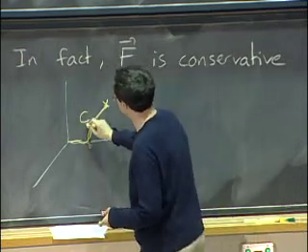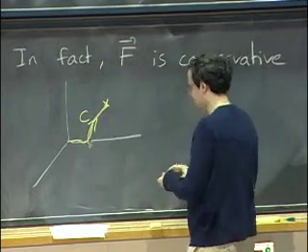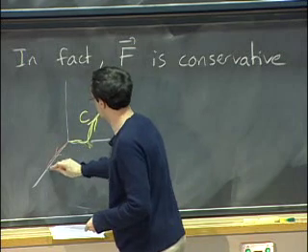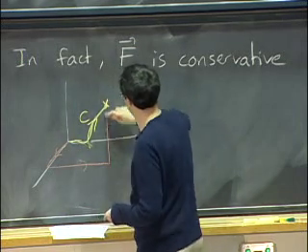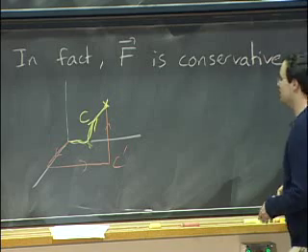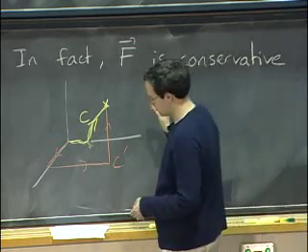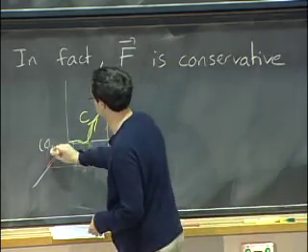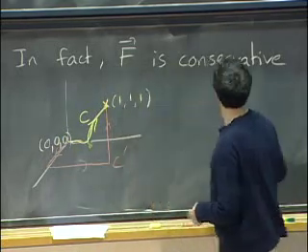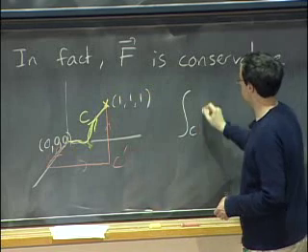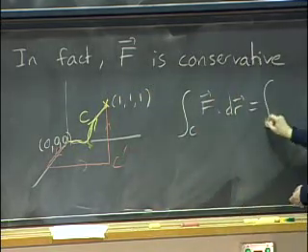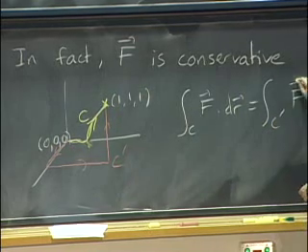So the first curve C goes from the origin to this point, and so does C prime, just in a slightly more roundabout way. So they both go from the origin to 1, 1, 1. So it's not a surprise that you'll get the same answer for both line integrals.